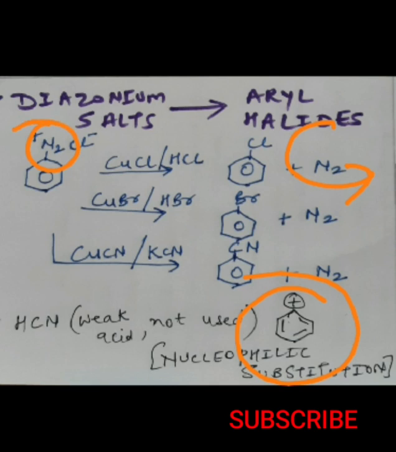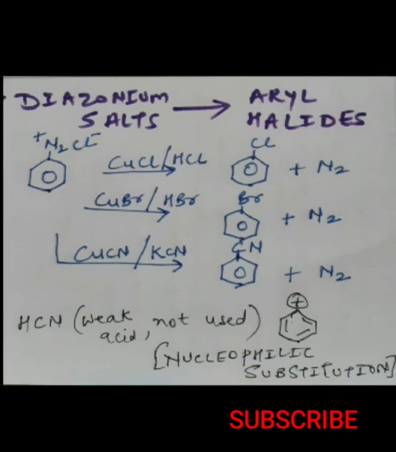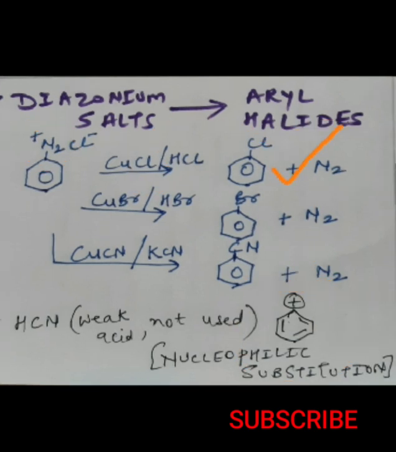As soon as this intermediate is formed, which is highly unstable, the nucleophile within the reagent which you are using is going to directly attack this unstable intermediate, and there will definitely be formation of the corresponding products, that is chlorobenzene, bromobenzene and cyanobenzene in this case. Is it clear? So that is about your Sandmeyer's reaction.